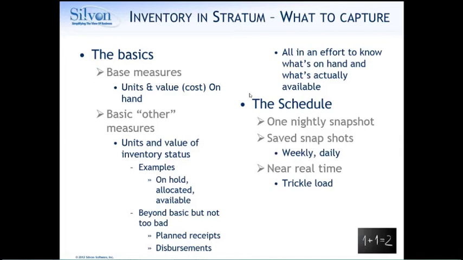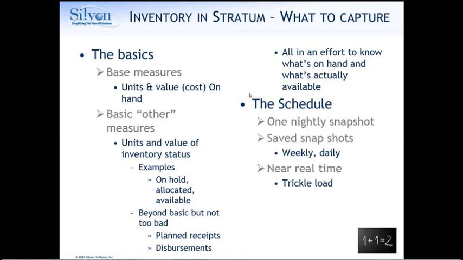If we can get units and value, we're sort of off to the races. Now there's some other pretty basic information that we can get, and one of the first things we see is people capturing inventory, holding the units and the value on hand, and also holding that in different inventory statuses. Some of the classic statuses that we run into: do you have inventory that's on hold for some reason?